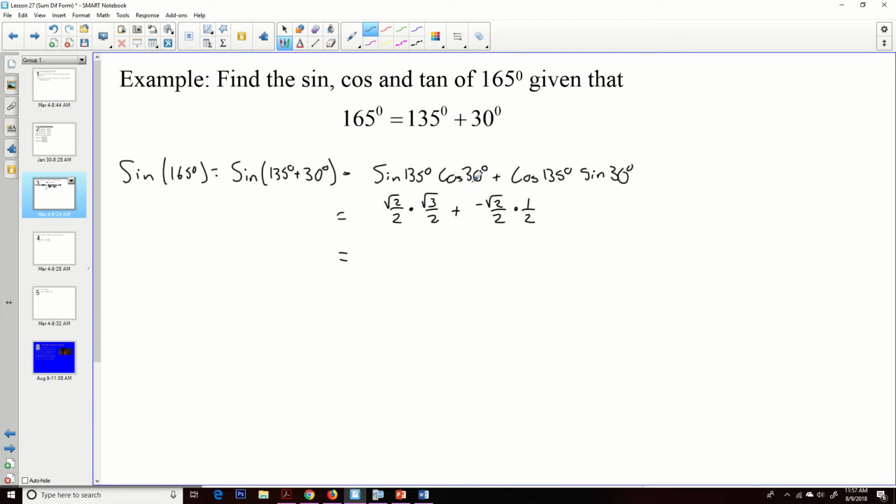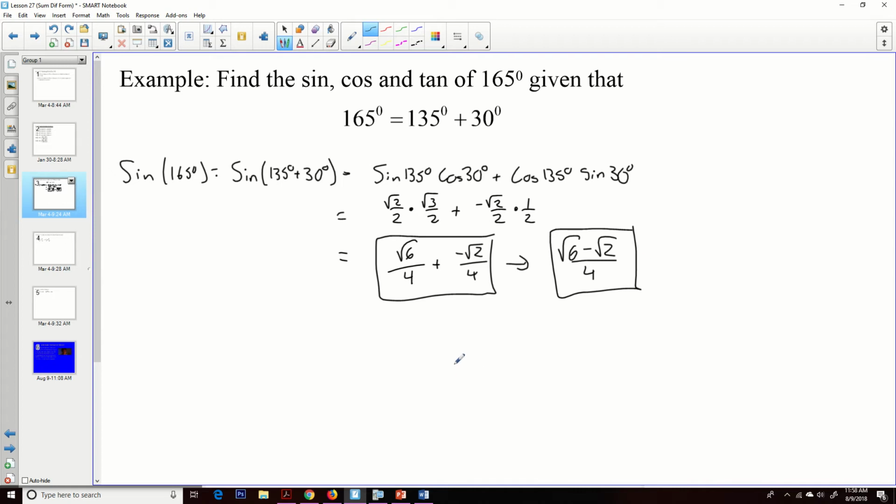So we can make that calculation. Square root of 2 times square root of 3 is square root of 6. 2 times 2 is 4. Then negative square root of 2 times a half is negative square root of 2, over 4 again. I'll accept that, but the answer is also square root of 6 minus square root of 2 all over 4, a single fraction. It's actually probably the better answer.